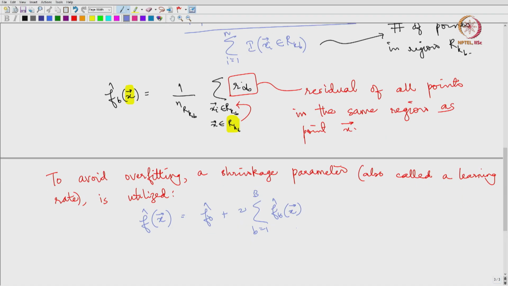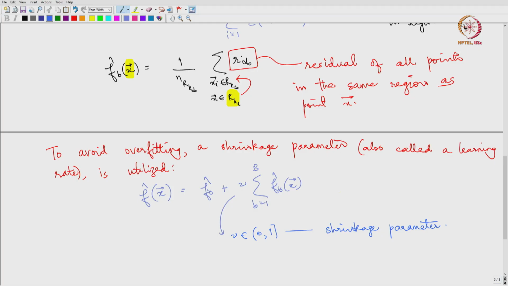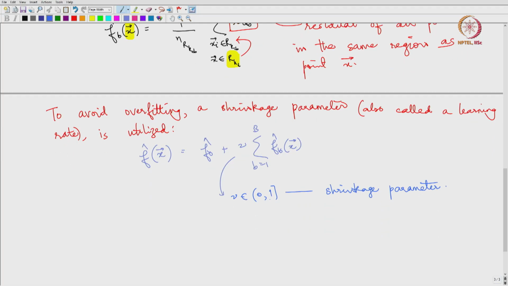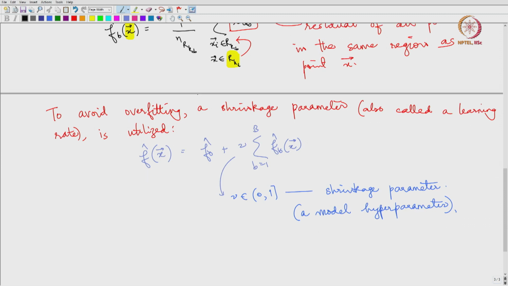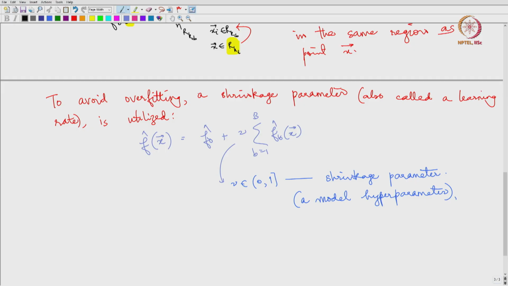Now this nu lies between 0 and 1, and it is the shrinkage parameter. It decides how much you are learning through the model. It is also called the learning rate, and it is a model hyperparameter. As we have discussed in previous lectures, model hyperparameters can be optimized by various strategies, including grid search cross validation, random search cross validation, or Bayesian optimization of hyperparameters.